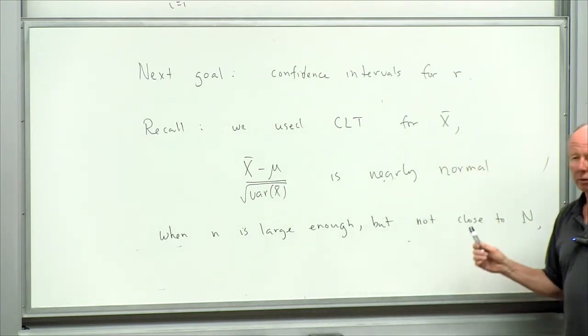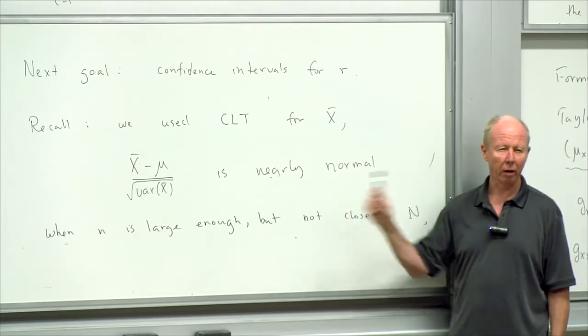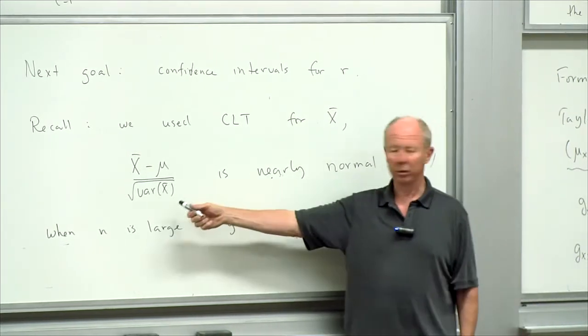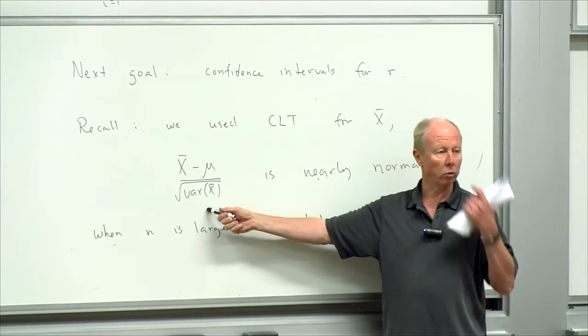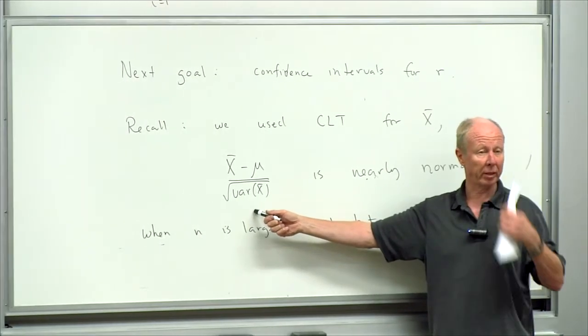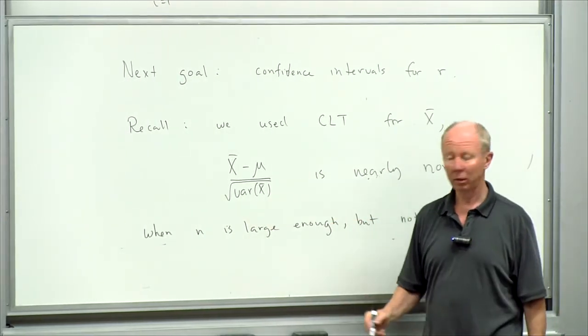But the problem in using this to get confidence intervals was there's a sigma x squared in here that we don't know. So we had to estimate variance of x bar.